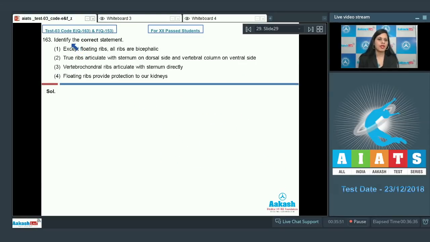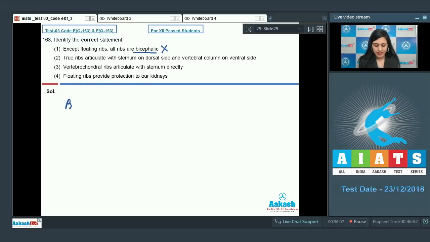Question number 163. Identify the correct statement. The very first statement given is, except floating ribs, all ribs are bicephalic. This is an incorrect statement because all ribs, including floating ribs also, are bicephalic.